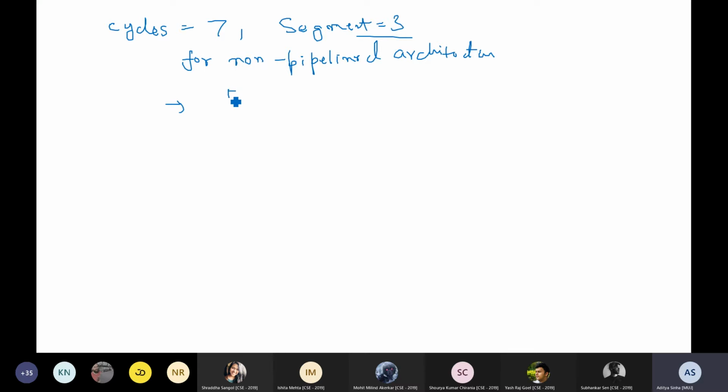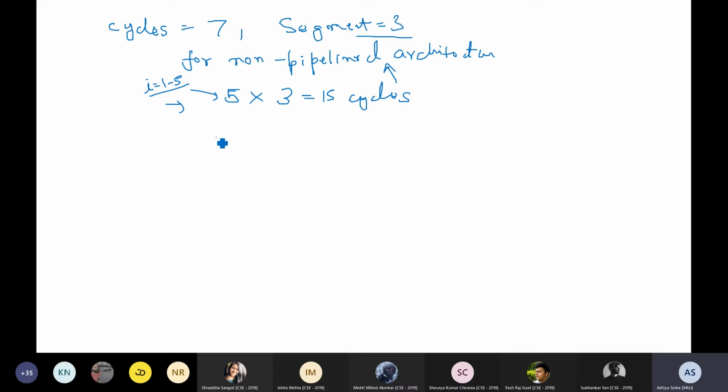Anyone? Our input is 5, since here I equals 1 to 5. And if you need 3 cycles for one unit, it will be 15 cycles if you are doing it with non-pipelined architecture.